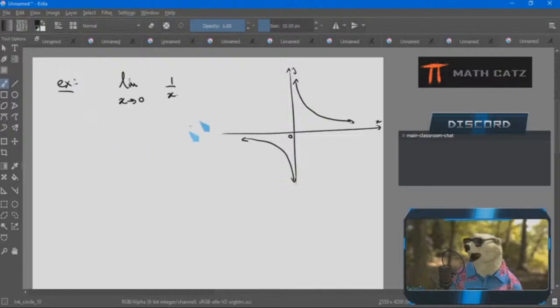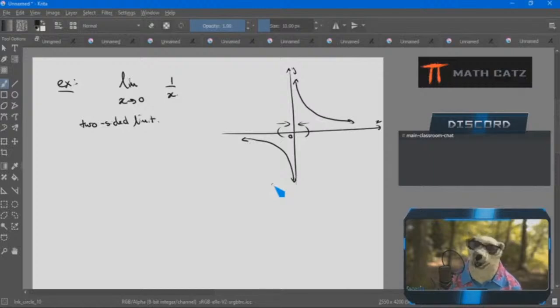If I ask this limit question, notice there's nothing with the 0. This is a two-sided limit. I have to approach 0 from either side. I can do that. The function is defined around 0. Remember, I never care about what is happening at the x value. I have y values around 0.